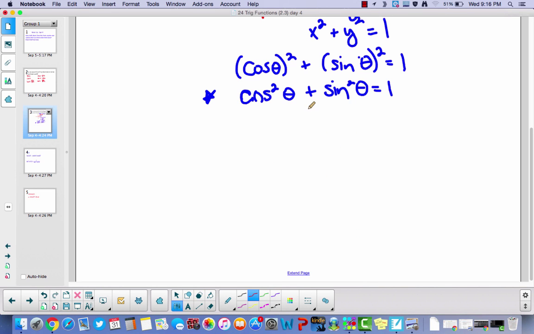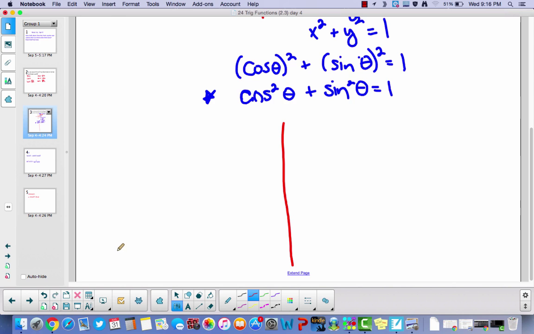Okay, this trig identity is a key trig identity. There are two other key trig identities that you will also need to know, but they can be derived from this one. I will tell you what those two are, and I want you to come up with how to get those.